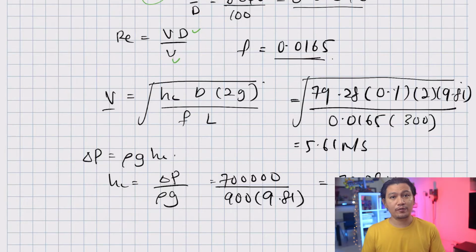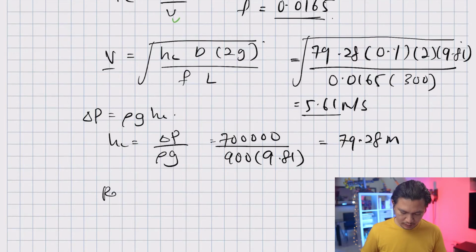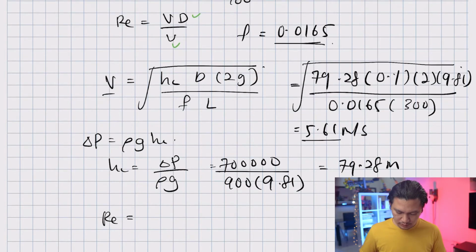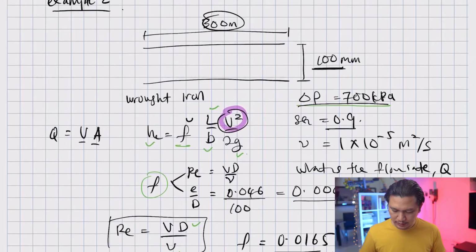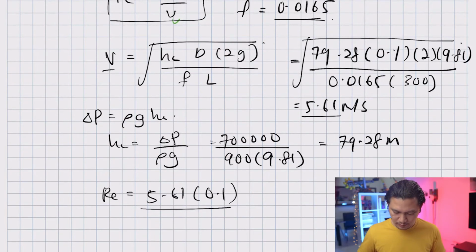Now, what do we do when we have our first velocity? This is the time where we find our first iteration of the Reynolds number, because now we have the velocity. So the Reynolds number is equal to velocity times diameter divided by kinematic viscosity. So velocity is 5.61 times diameter 0.1 divided by the kinematic viscosity, that is 1 times 10 to the power minus 5 meter square per second.